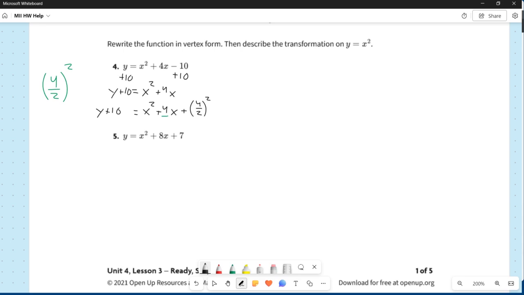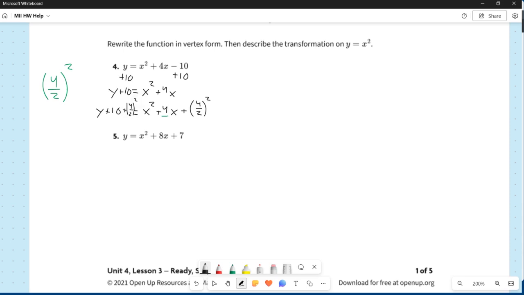So there's nothing preventing us from adding this 4 halves squared number on the right, as long as we do the same thing on the left. We can't just randomly add a number on the right and not do anything on the left. Then the equation's no longer balanced. So whatever we do on the right, we have to do on the left. So I'm also going to add 4 halves squared, which I could simplify, but I'm just going to leave it like that for right now.